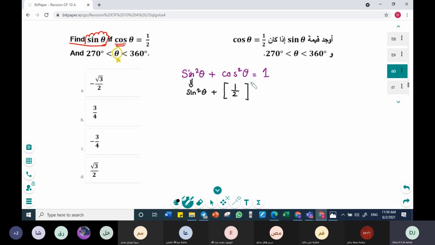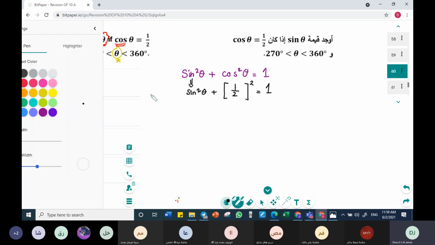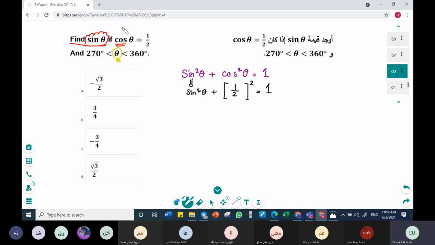And what do you need to do with it? Square it, equal to 1. Then move it to the other side: minus (1/2) squared on both sides. That means your sine squared theta is equal to 1 minus (1/2) squared. Find it.